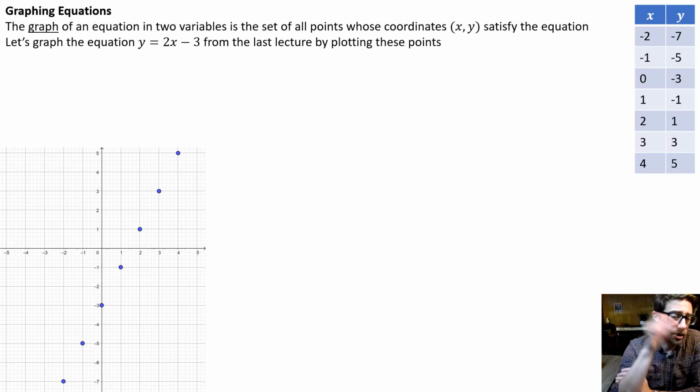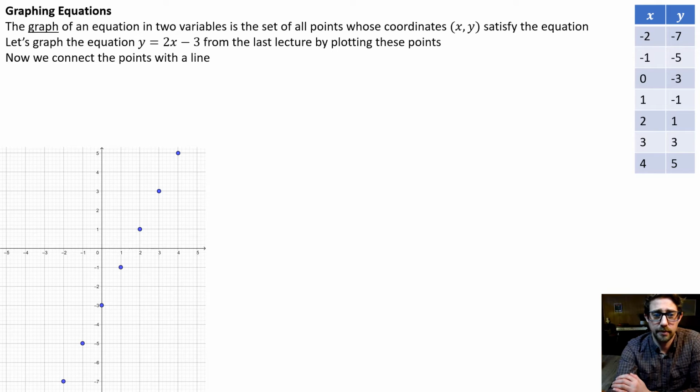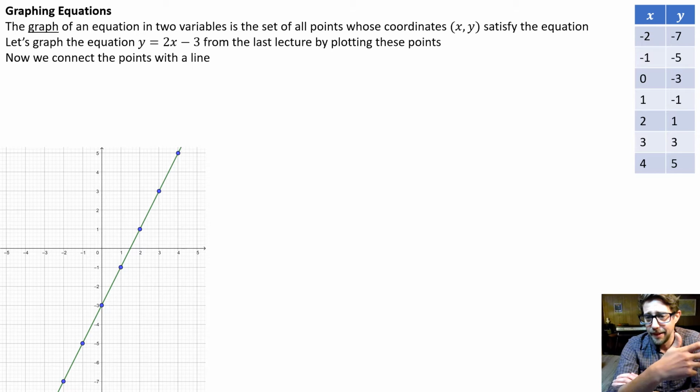And it doesn't take a genius to tell that they look like a line. So if we were to draw a line, a curve through all those points, that curve would be a straight line. And we would trust that all the other points that live on that line would also be solutions to the equation. Like that. So that basically goes for how you can graph any curve by hand. You just pick some points and notice the shape and then draw the shape.